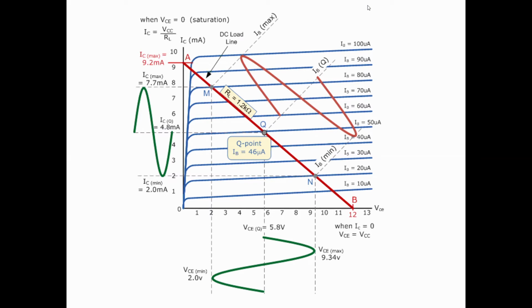It's just that deciding on the right biasing condition, on the right quiescent point, is the difficulty with them. Right. So now I can go back.